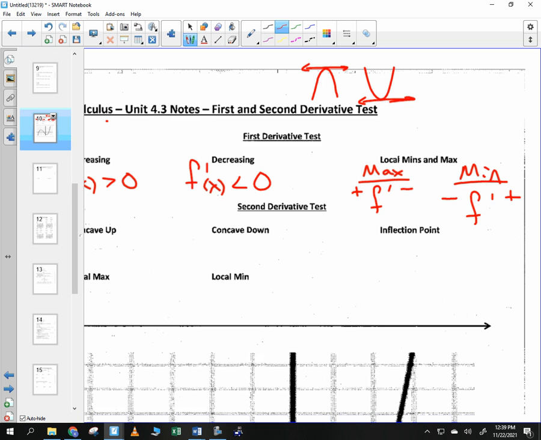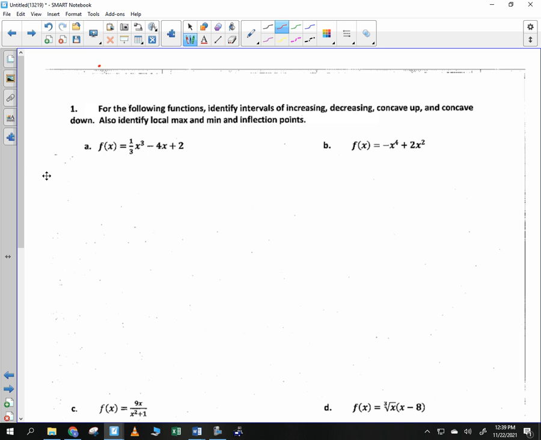Okay. Let's flip our notes over, and we will try the first part of the first example. These are things I learned from a first derivative test: increasing, decreasing, local max, and local minimum.